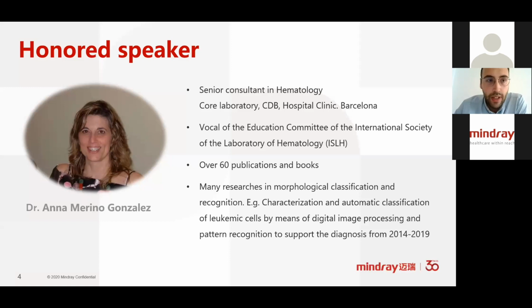Besides, as we can see in the slide, she has been involved in more than 60 publications, focusing her research on classification and morphological recognition. For example, automatic characterization and classification of leukemic cells by means of digital image processing and pattern recognition to support the diagnosis, from 2014 to 2019. So she's going to talk about morphological detection for hematological disease. So please, Dr. Anna, when you want, you can start.